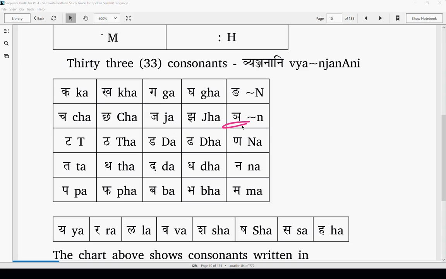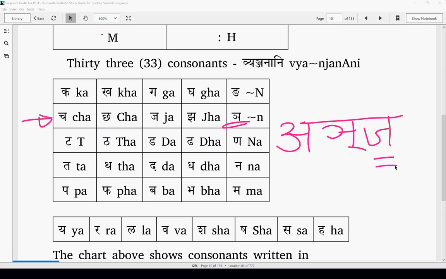Then the same for this line: one of these letters following, let's say ancha or anja. Anja. Here also, where is ja? Following the nasal. So that nasal has to be this nya sound.